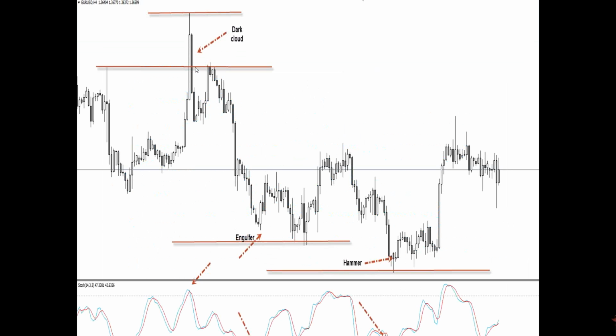So dark cloud close to resistance, and you can see a breakout. We have a bearish engulfing candle, stochastics below 20, and it went up. Then we see hammer, again close to support, stochastic below 20, it goes up. So basically this is the first system which uses this pattern. You can try it on a demo trade on the 4 hour time frame.